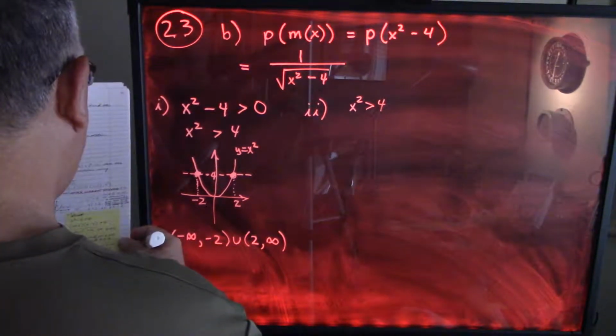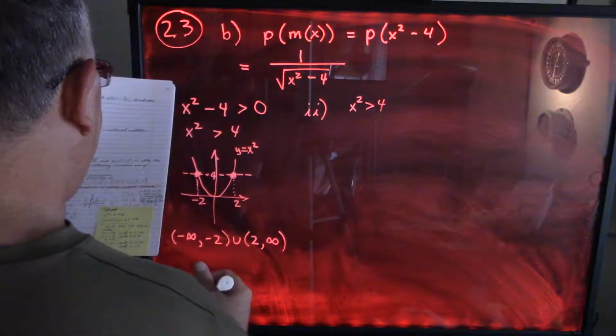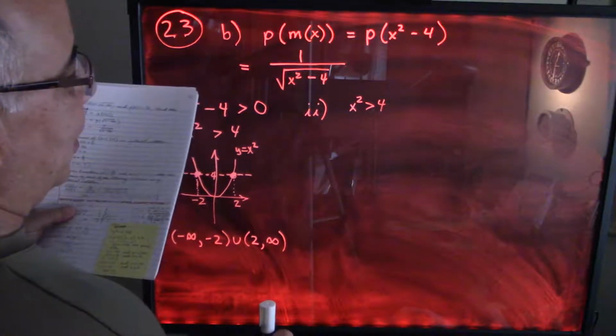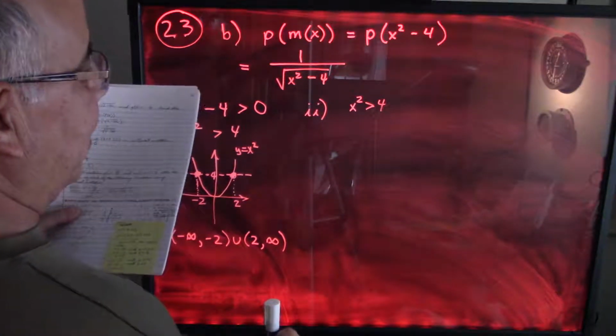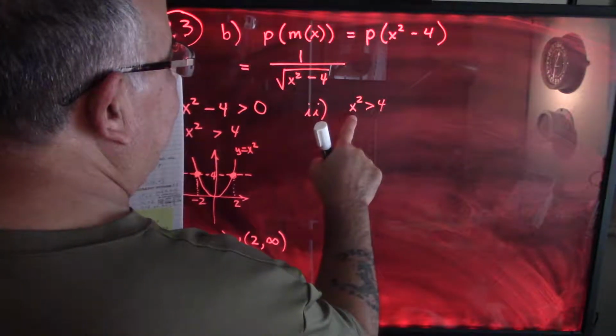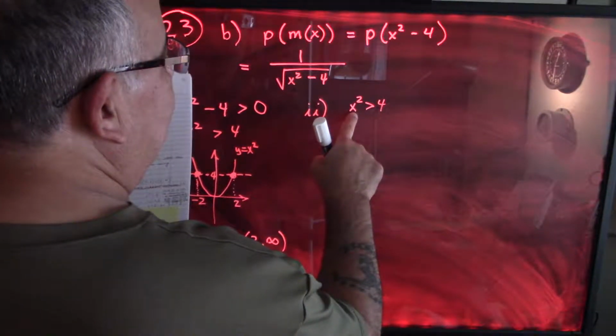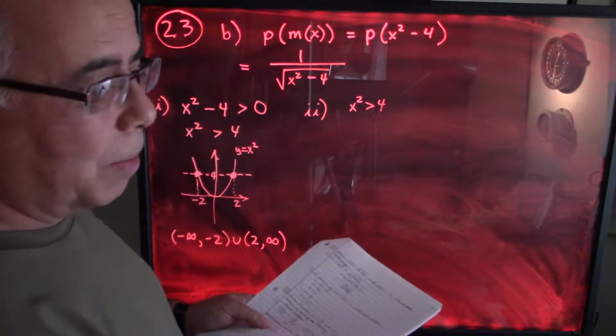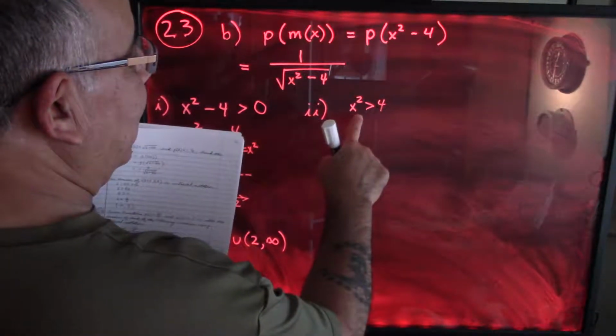Alright. Now, what I'm going to do is take the square root of both sides of this inequality. I can do that safely for 2 reasons. Number 1, if you're taking the square root of a negative number, it's going to mess things up. But these are never negative, right?